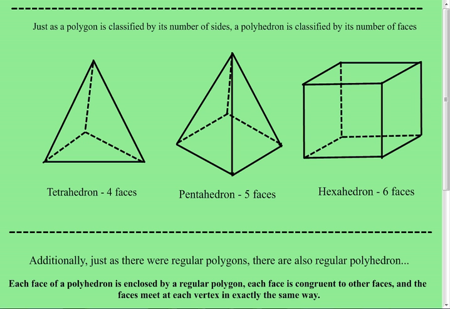Couldn't find any. Okay. A tetrahedron is a polyhedron that has 4 faces. So this, I would call this a square pyramid. I think that's a better name, but this textbook does this.